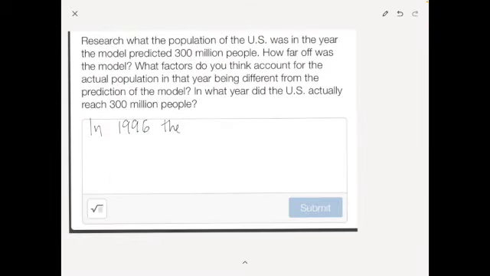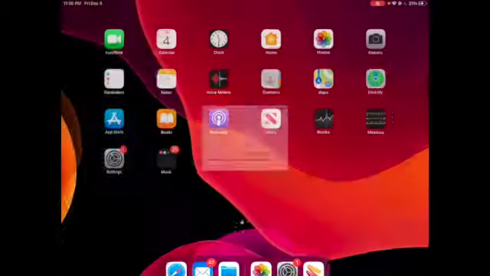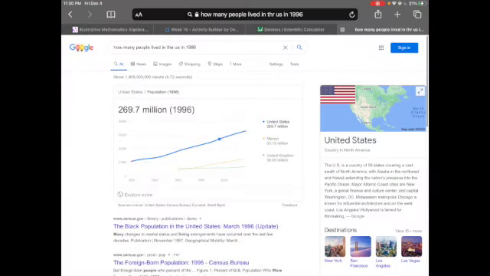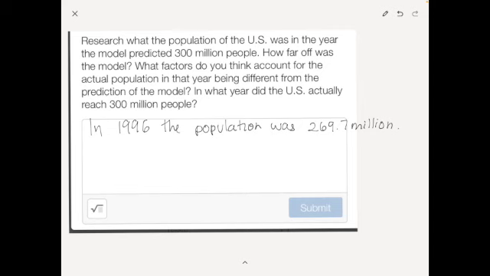So now we're actually going to look at what the U.S. population actually was in the year 1996, and I Googled it already. It was 269.7 million. How far off was the model? So the model was 30.3 million people off.